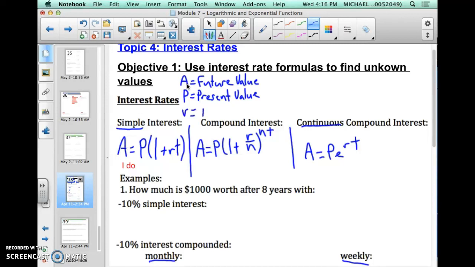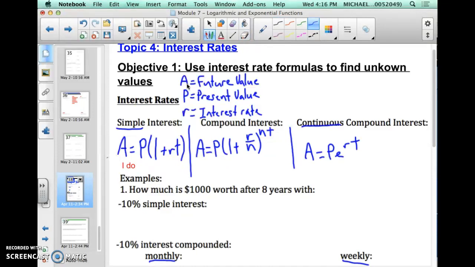R is the interest rate, knowing that they usually give it to you as a percentage, you have to change it to a decimal.